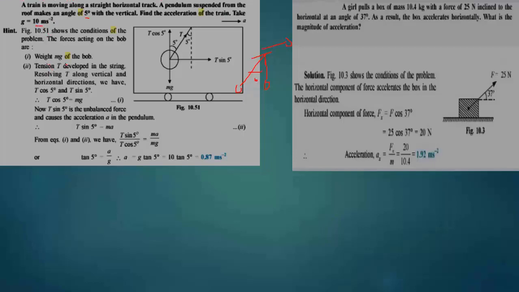Tumesha sema weight of the bulb mg. Weight of the bulb hapo ina act hapo mg. So tension tumesema ina act towards the point iliyo fungwa. So point imefungwa that point, so we can see that the tension is acting up at point T. Okay, at point T ndo tension hapo act.